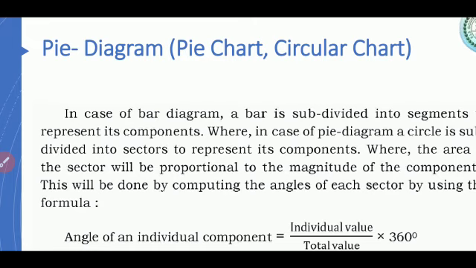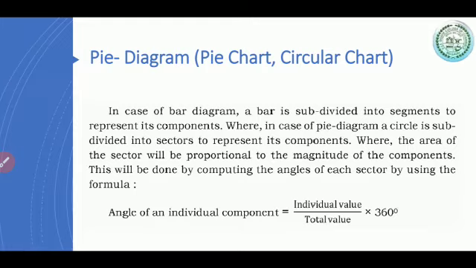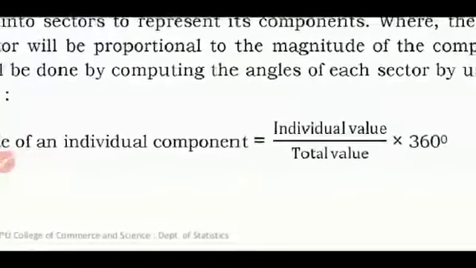See, when it is a pie chart or circular chart, the whole items should be converted into degrees, because the circle has 360 degrees. So you are going to convert those values into degrees, and then with the help of a protractor, you will be drawing the circle. For that, you have to remember this formula.